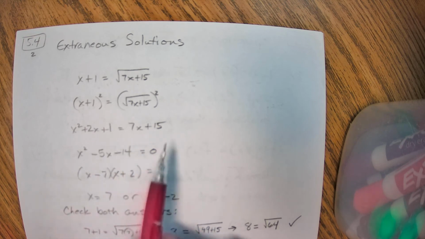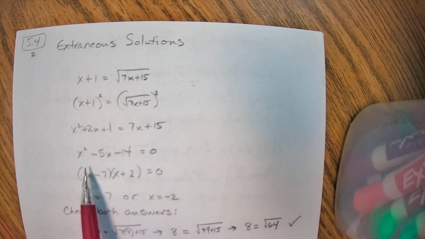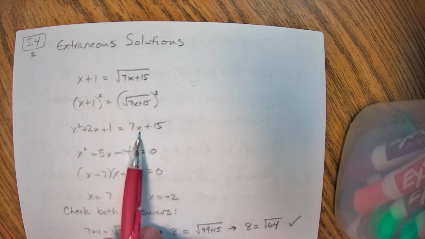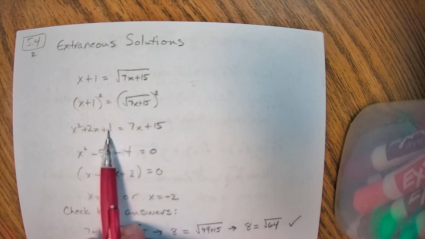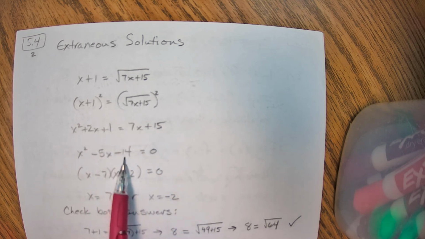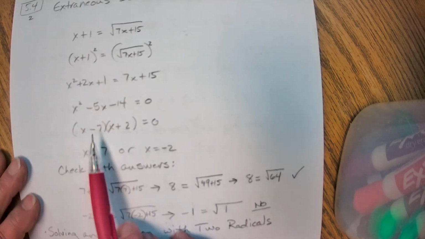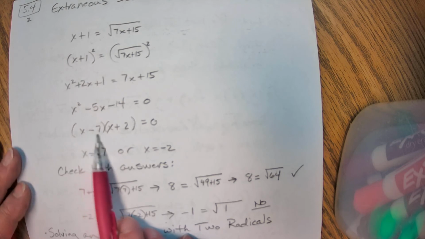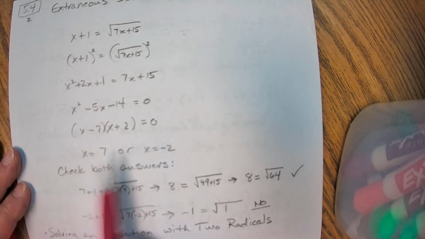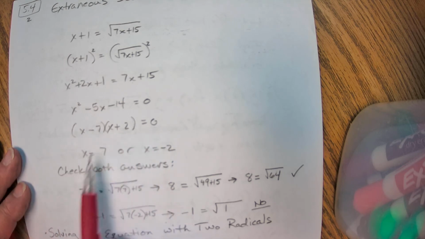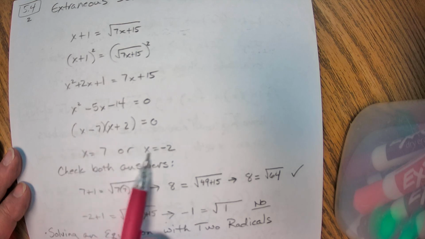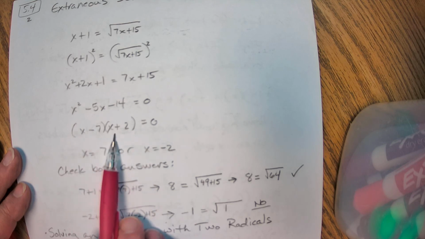I'm going to get everything over on the left-hand side. 2x minus 7x is negative 5x. 1 minus 15 is negative 14. And this is factorable. The factors are x minus 7 and x plus 2. So if these factors are equal to 0, then either x is 7 or x is negative 2. Or it could be both of them, but we're going to check both answers.